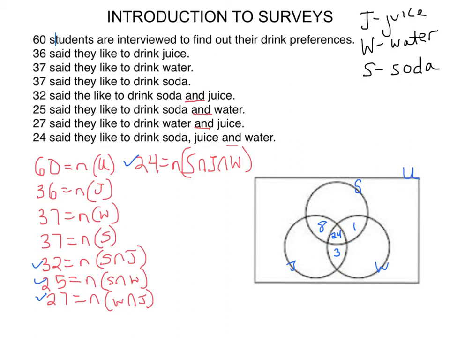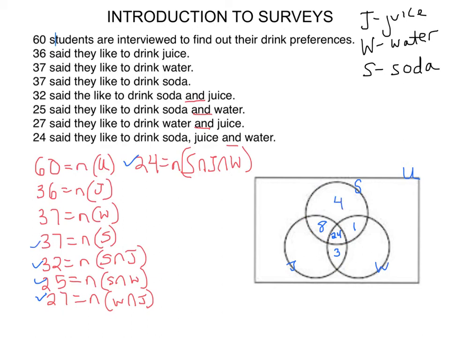Now, it's important to look at the big circles. It tells us that the number of elements in S is 37. Keep in mind, that doesn't mean the number of elements that are only in this area here of S. It's in the entire circle of S. So if there are 37 elements in S, and we have already taken care of 24 plus 8 is 32, plus 1 is 33, that leaves 4 elements in this region.